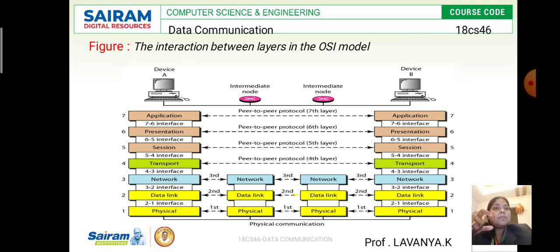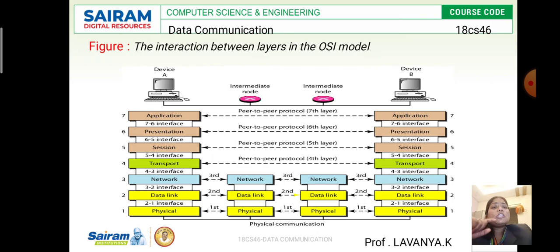The data is considered in the form of a bit stream, meaning the one-bit data is encoded in the form of electrical signals. Those electrical signals are sent through the transmission medium from one device to another device. This is what actually happens at the physical layer.